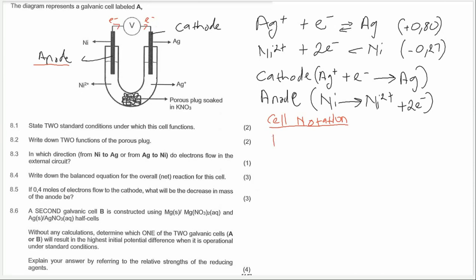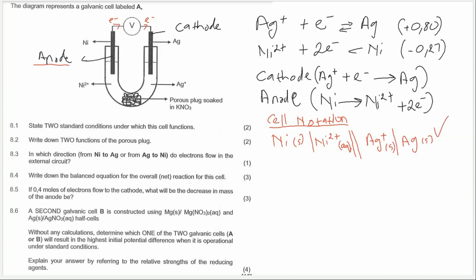So this is what you have: nickel as solid, then a change of phase, then Ni2+, then a salt bridge here. Then you have Ag+, a change in phase, and Ag solid. Okay, so you got your cell notation.